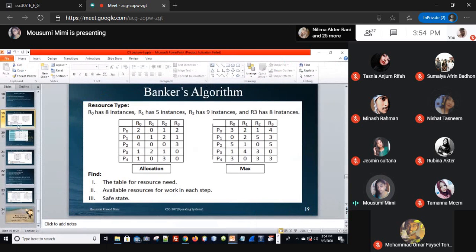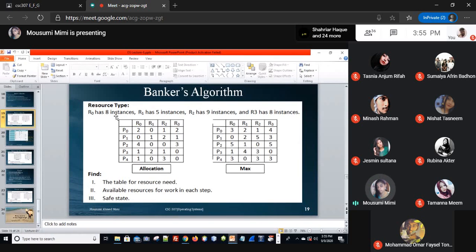In Banker's algorithm, there are some pieces of information which you already get in the question. The first information is how many resources there are. So 4 resources are present: resource 0, 1, 2, 3. The second information is how many instances or elements there are for each of the resources.